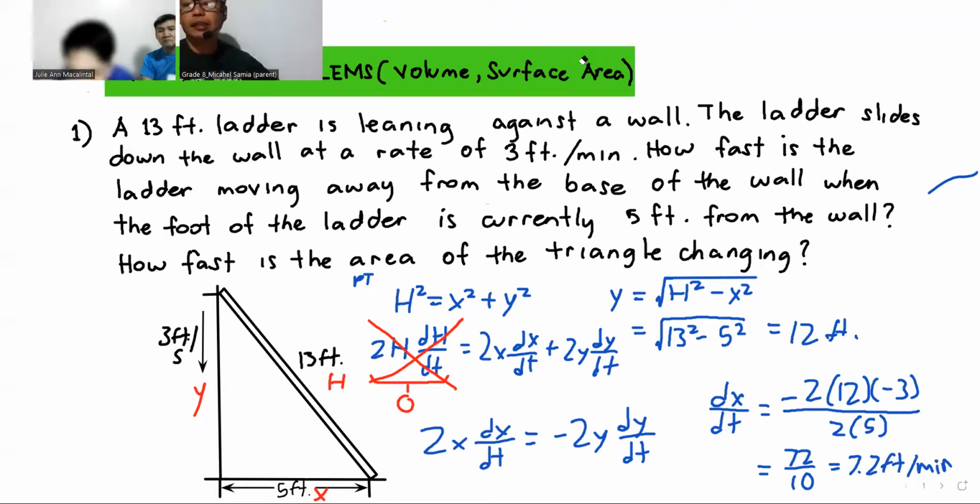Okay, so our answer for the rate of change of dx is equal to 7.2 feet per minute.